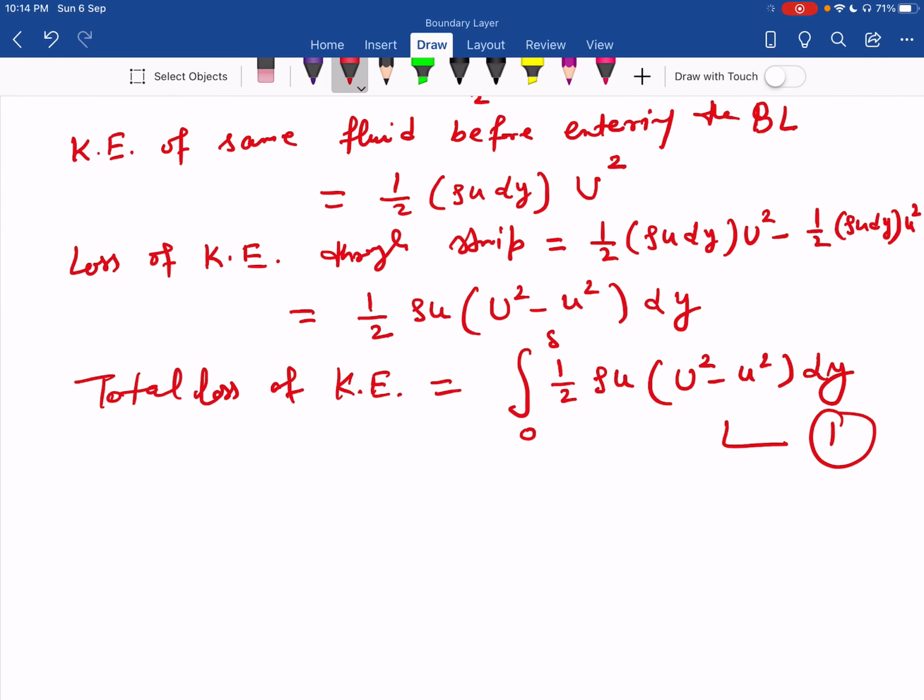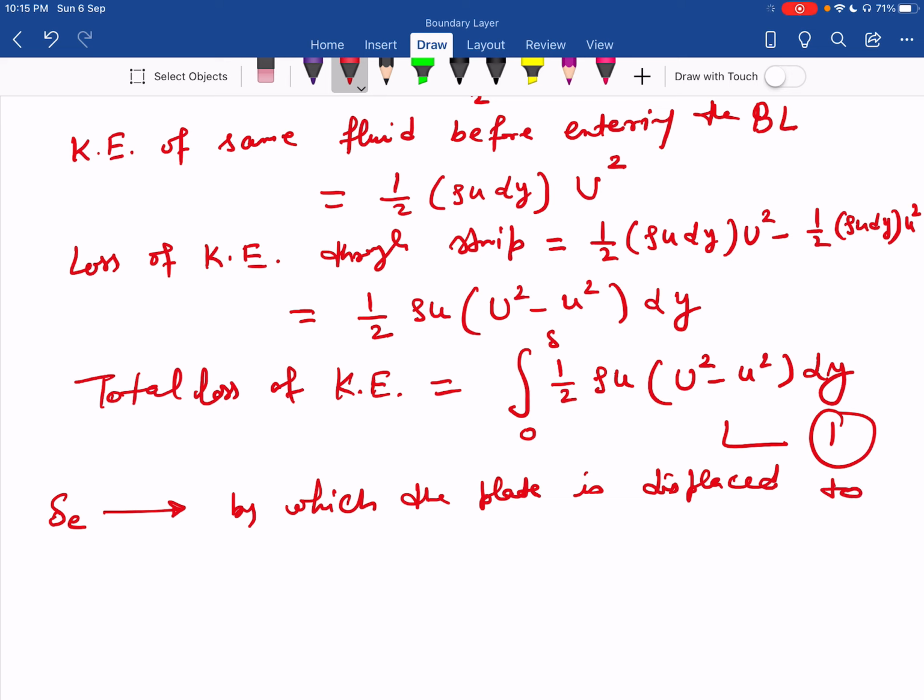Okay. Now say we have distance delta E. Now I move my plate by this distance. So this is the distance delta E by which the plate is displaced to compensate for the reduction of kinetic energy.